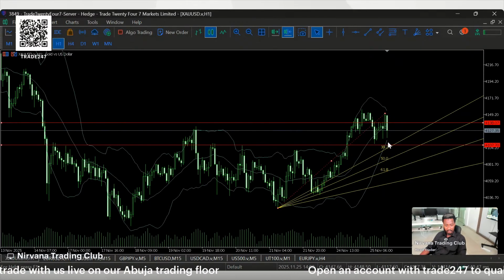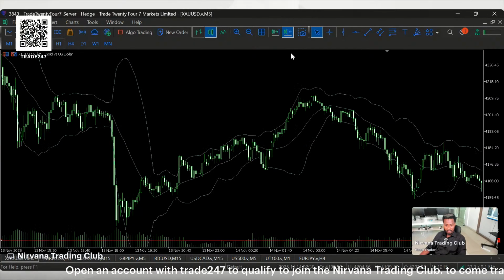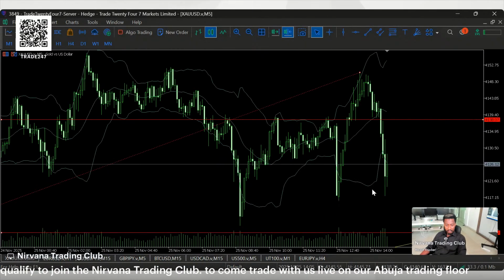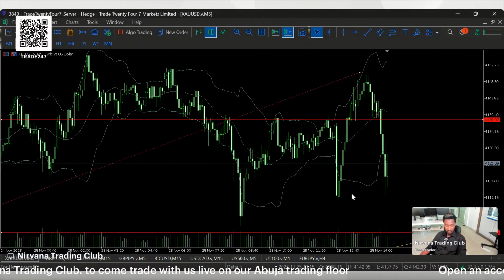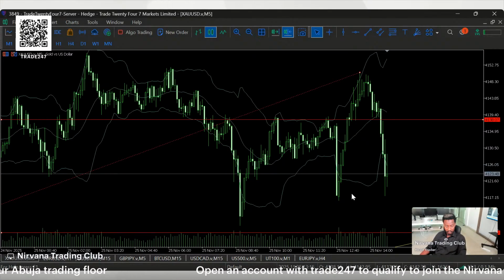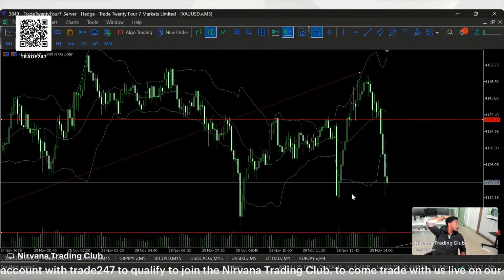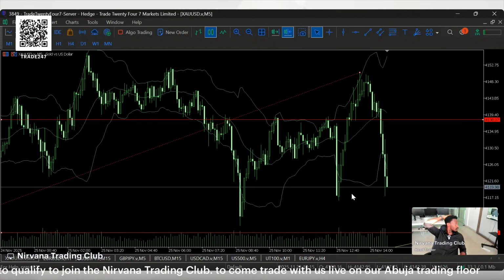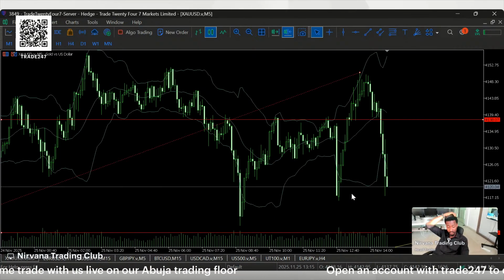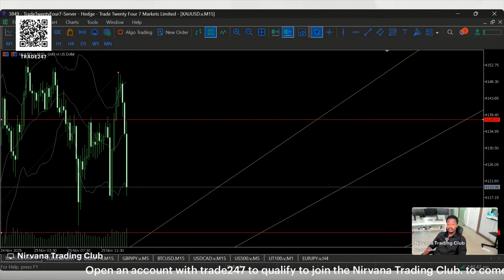It's a very good region. So here we have it. We need a very good candlestick formation before we can jump on any trade.